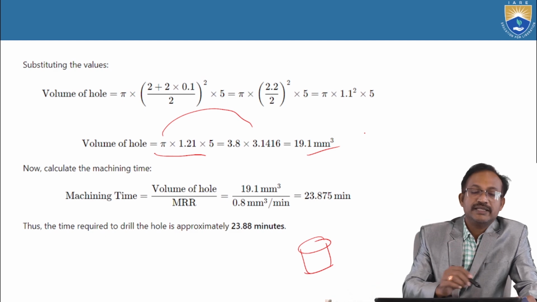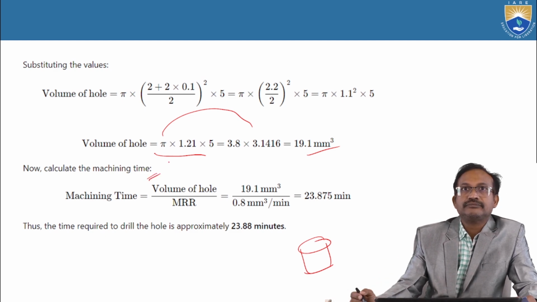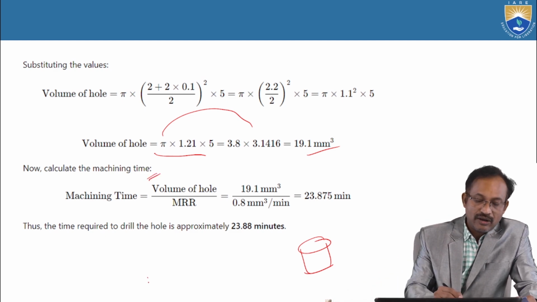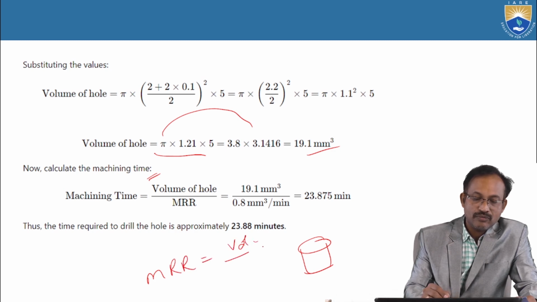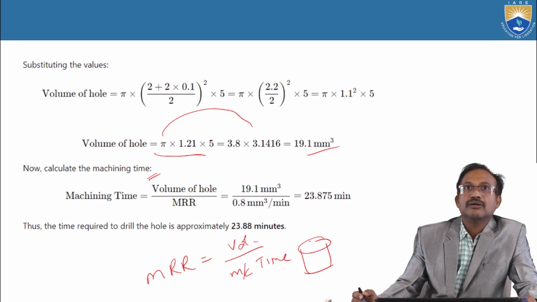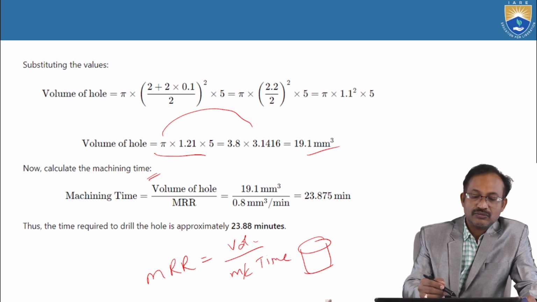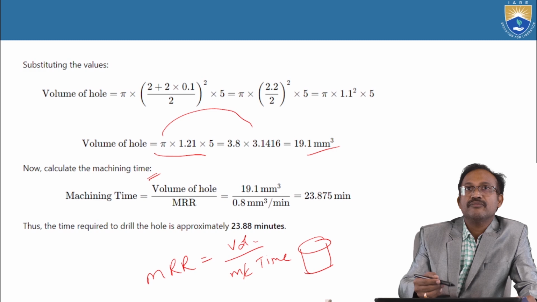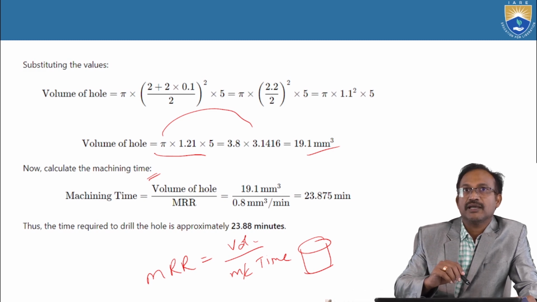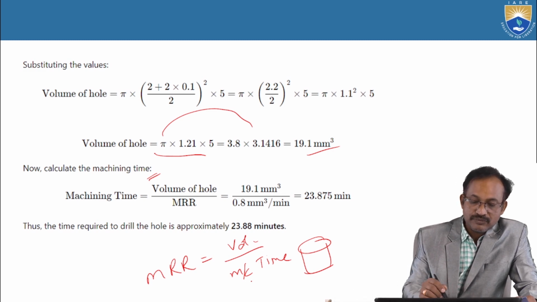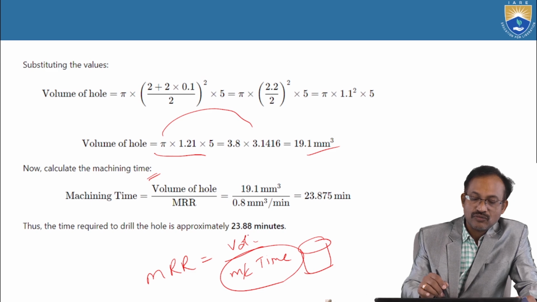Now calculate the machining time. We have the formula MRR equal to volume of hole by machining time. This volume of the hole means the volume of material removed. In other words, to find the machining time, we need volume of hole by MRR.